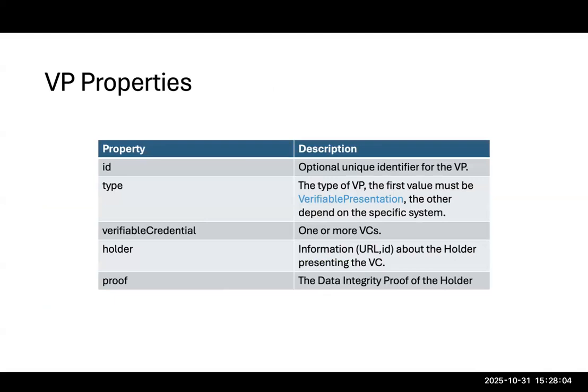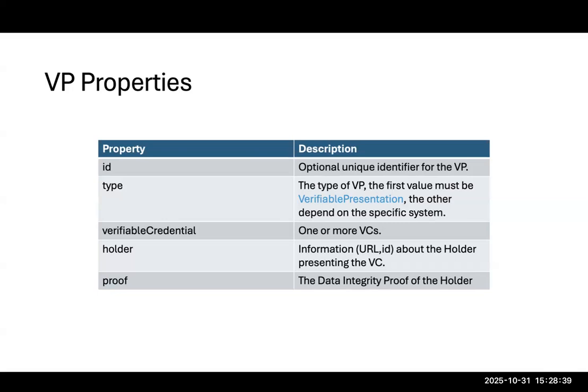Okay, let's recap the different properties. ID, an optional unique identifier of the verifiable presentation. Type, always verifiable presentation as the first value; the other ones, also more than one if you want to specify, are selected by the holder itself.